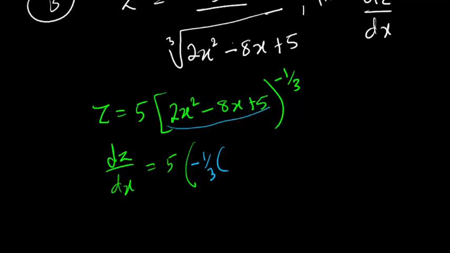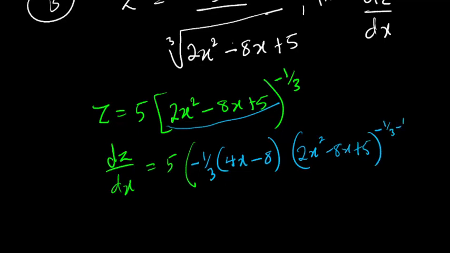We differentiate what is here according to the standards I explained above, so we have 4x minus 8. Then we write everything back, then subtract 1: minus 1 over 3 minus 1.